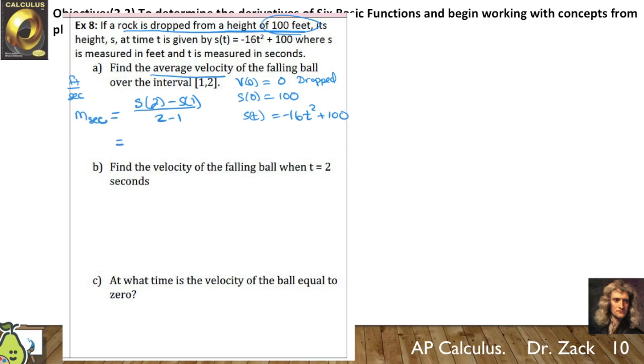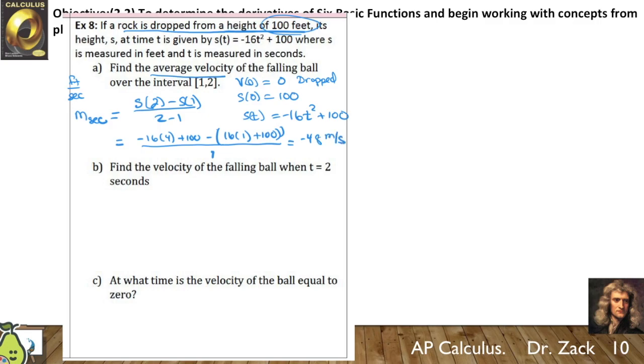When you substitute your 2 into your function, you get negative 16 times 4 plus 100 minus negative 16 times 1 plus 100, all divided by 1. And you end up with negative 48 meters per second.